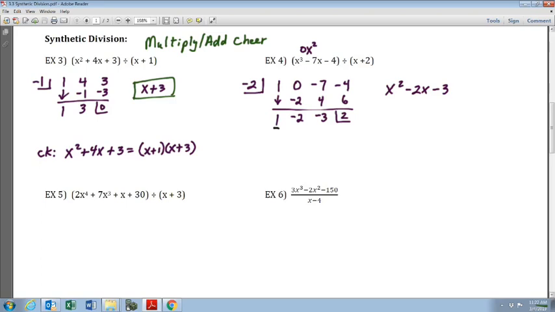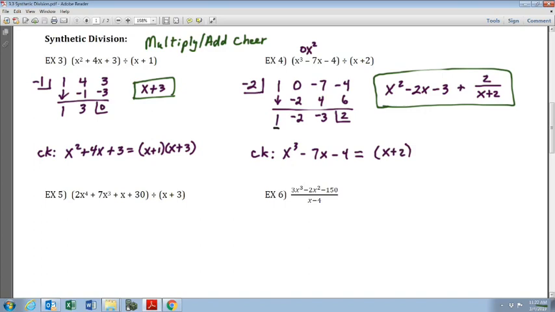And so that's our quotient. The answer is going to be the quotient plus the remainder over our divisor, which is x plus 2. To check ourselves, x cubed minus 7x minus 4 should equal our divisor times the quotient we got, plus 2.